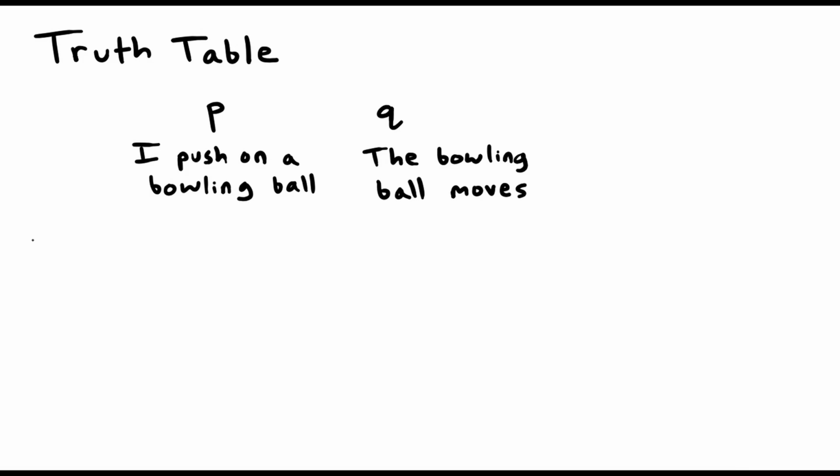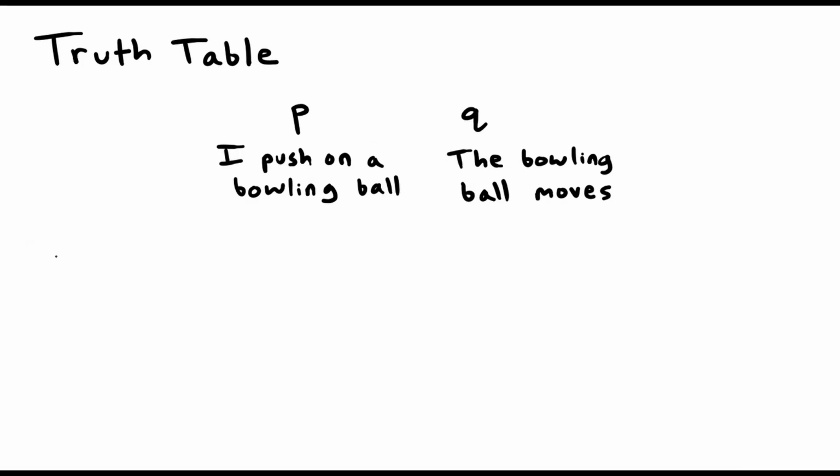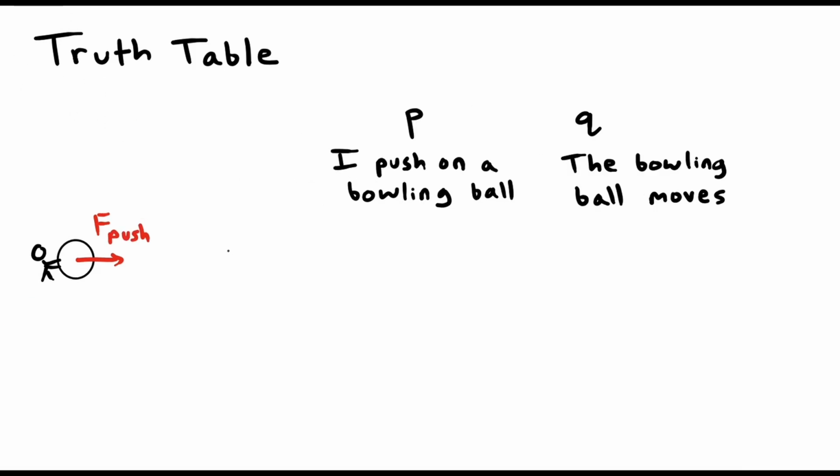So for example, I have my bowling ball on the table over here, and I'm just going to draw a picture of me pushing on this ball. I'll draw an arrow to represent my force of push. And then I also have to show that the ball moved. So over here I'll show that the ball was here, now it's here, now it's here.